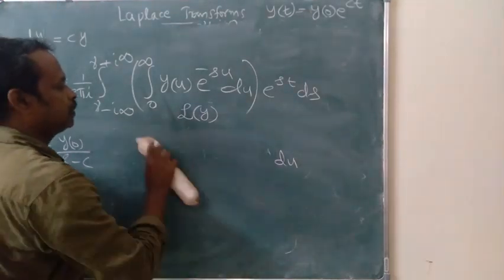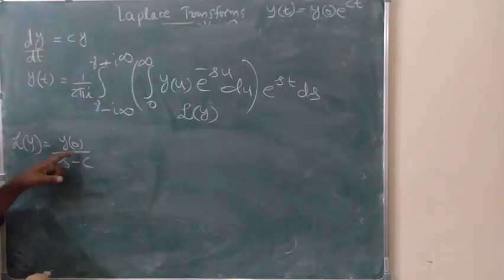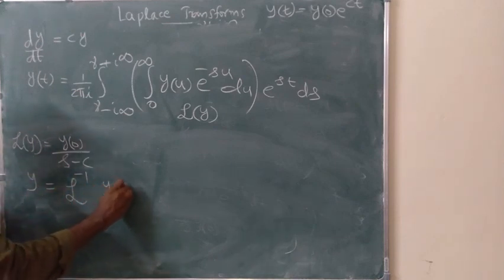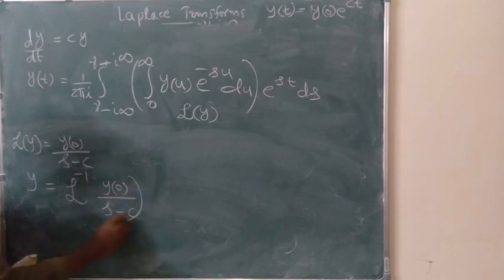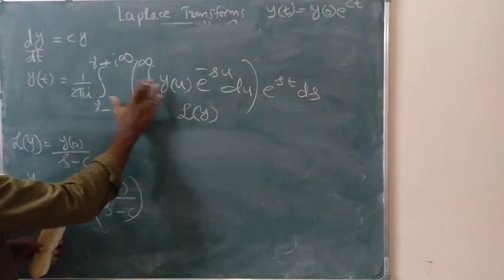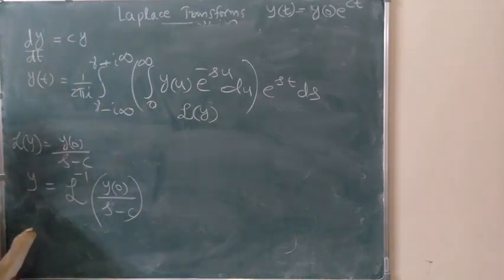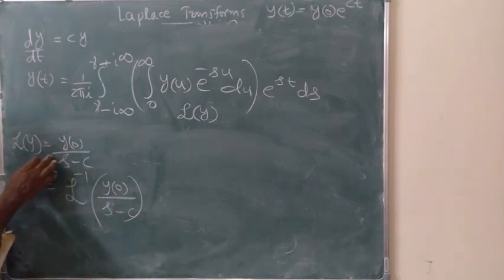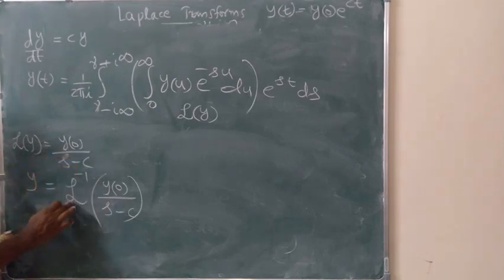Okay, so we have L of y equal to this, and therefore y is equal to L inverse of y of 0 divided by s minus c. So that is what we are doing here. Using this integration, we are actually inverting the Laplace transform. Okay, so we have the Laplace transform in this equation, and we invert that to obtain the solution of the differential equation.